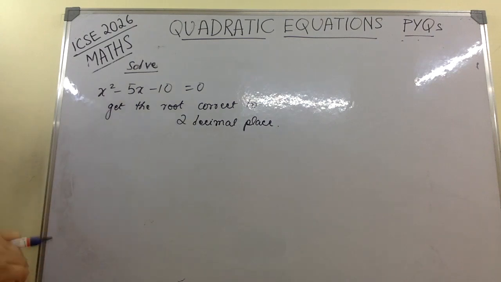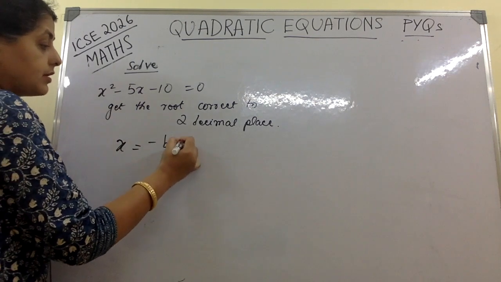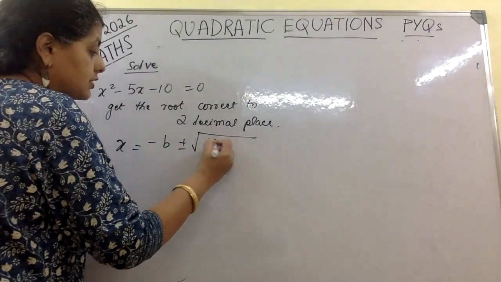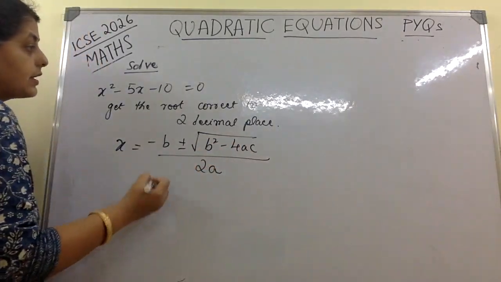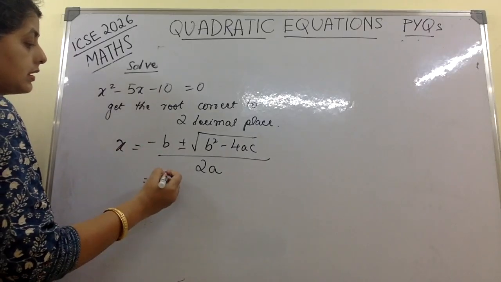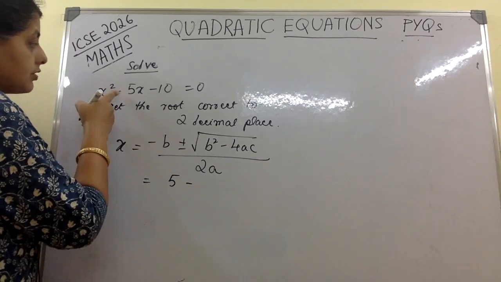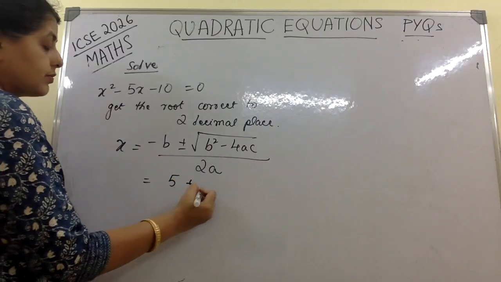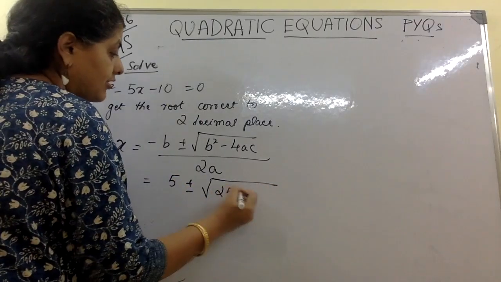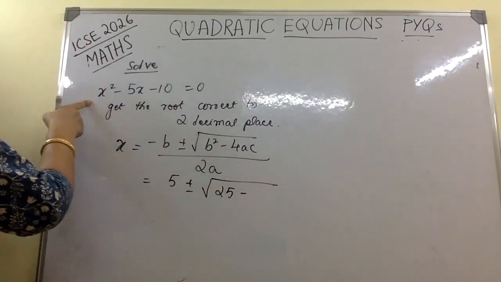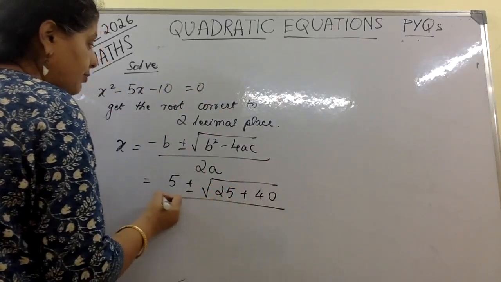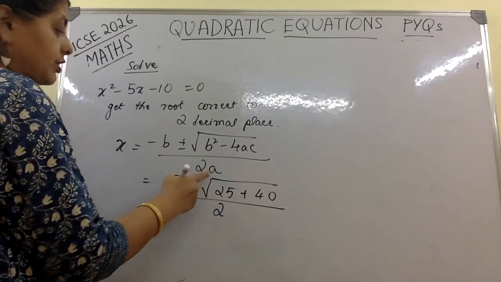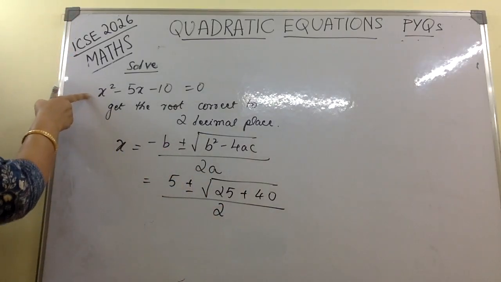So what we do here, we get to the formula, x equals minus b plus minus root over b square minus 4ac, by 2a. That is minus b, that is 5, because b is already minus, plus minus root of 25 minus 4ac, where a is 1 and c is minus 10, so plus 40, by 2. Why? Because a is 1, the coefficient of x square is 1.